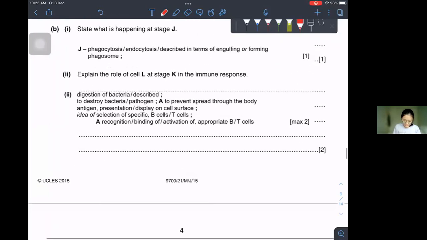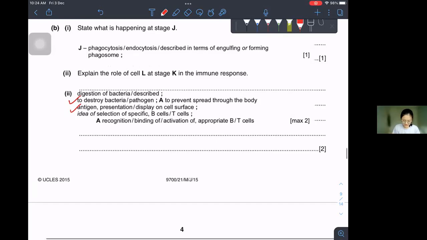So you can say the digestion of the bacteria to destroy the pathogens so as to prevent it spreading through the body, and antigen presentation. Antigen is presented on the cell surface membrane of the macrophages.